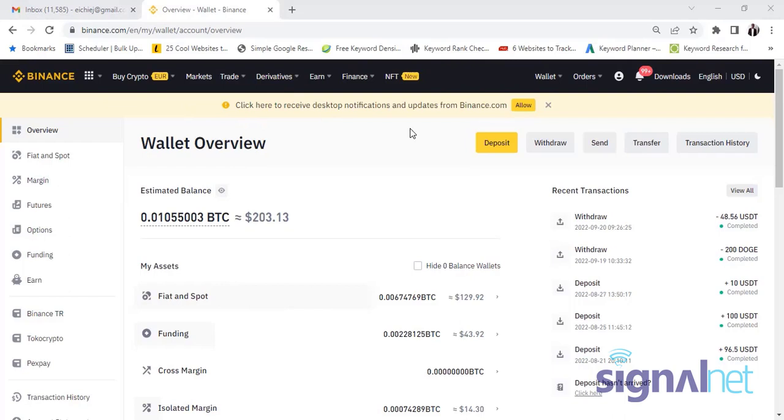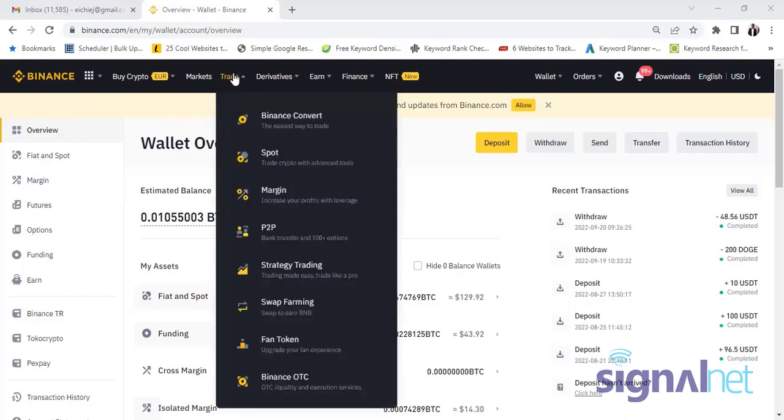Okay, so how the trading part works, you go to this trade section, you go to spot. So this spot, you click on that.